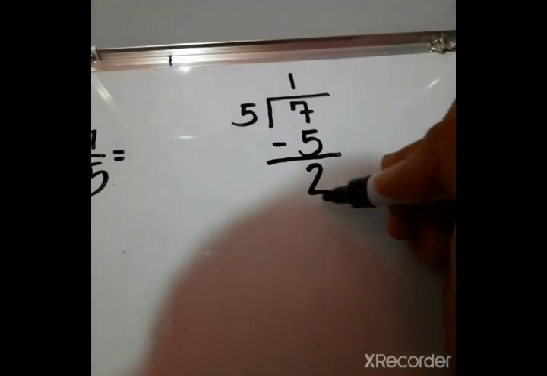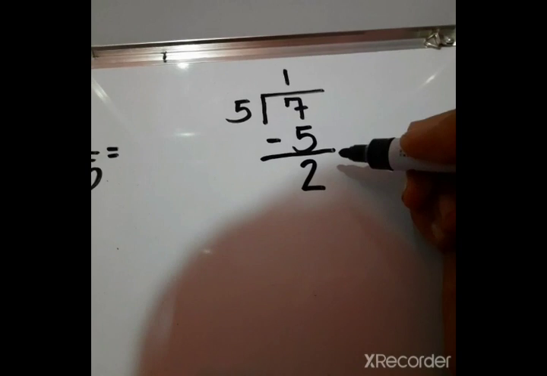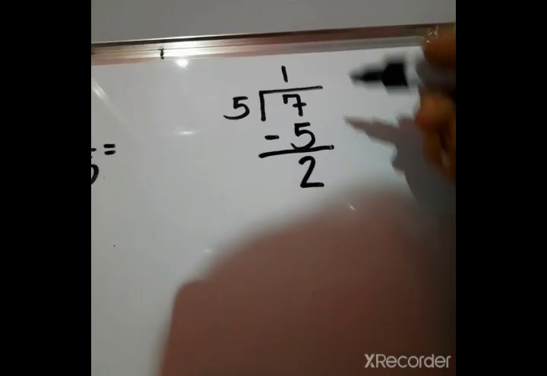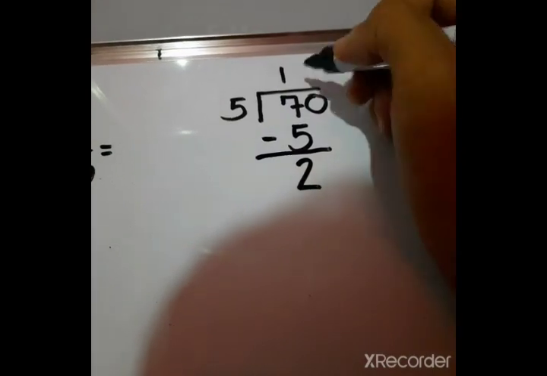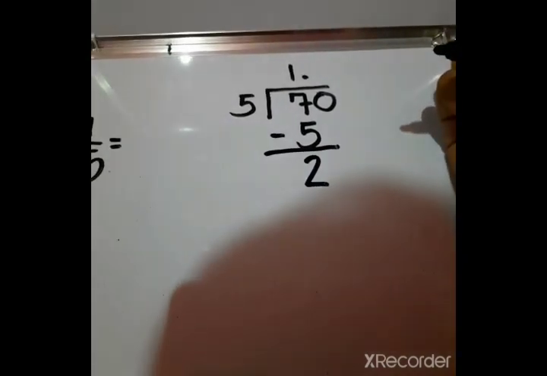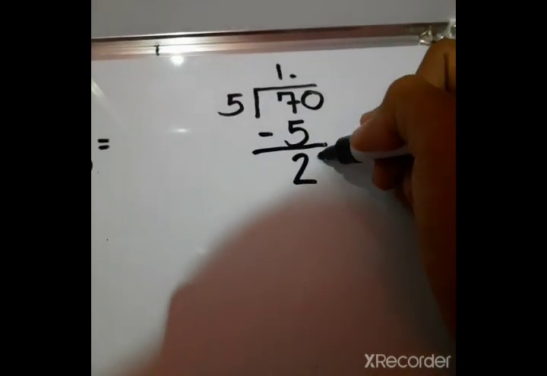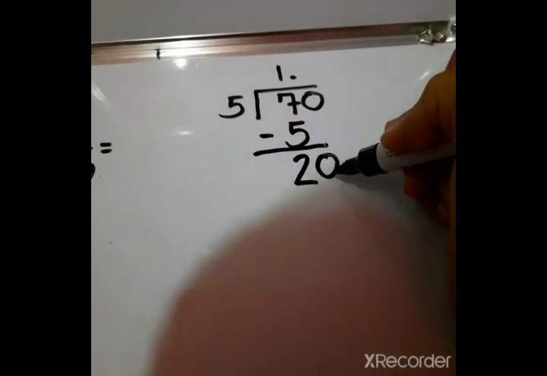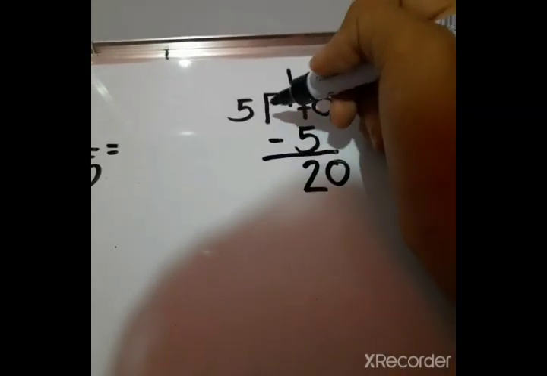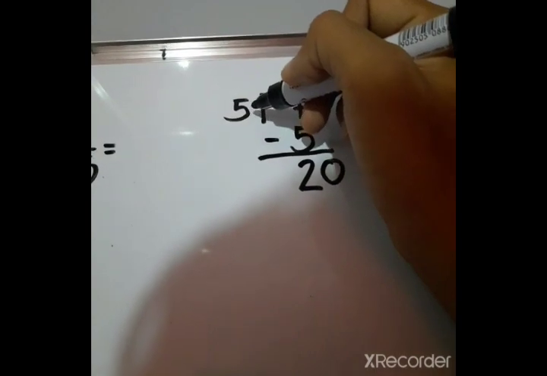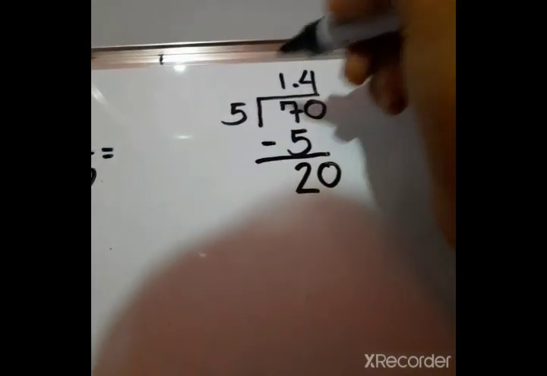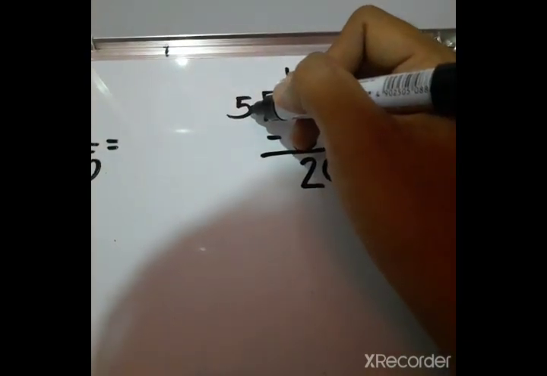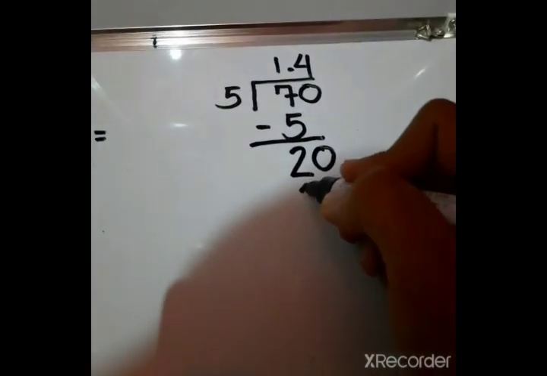If we have remainder, what should be done next? Of course, add 0. And after? Yes, add decimal. So bring down 0. 20 divided by 5, the answer is 4. 4 times 5, the answer is 20.